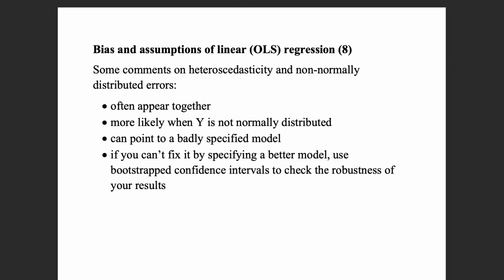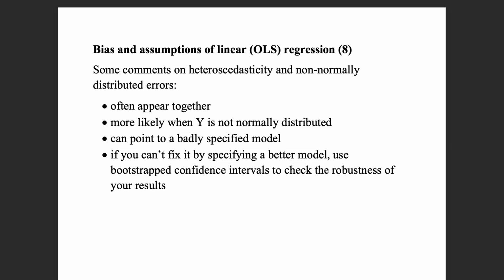Of course, you might be able to solve the problem by estimating a better model, improving on the specification of your model, but maybe you won't always be able to do so because you don't know how to, or because you don't have the data to do so. So that's something that can happen.